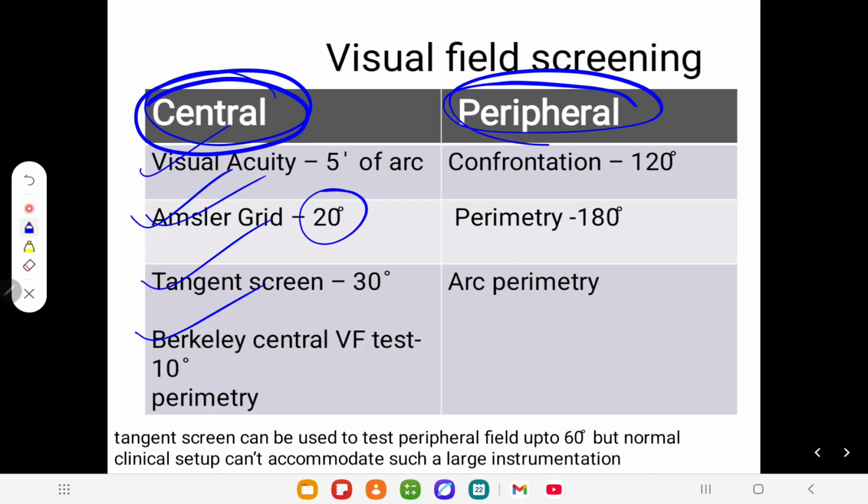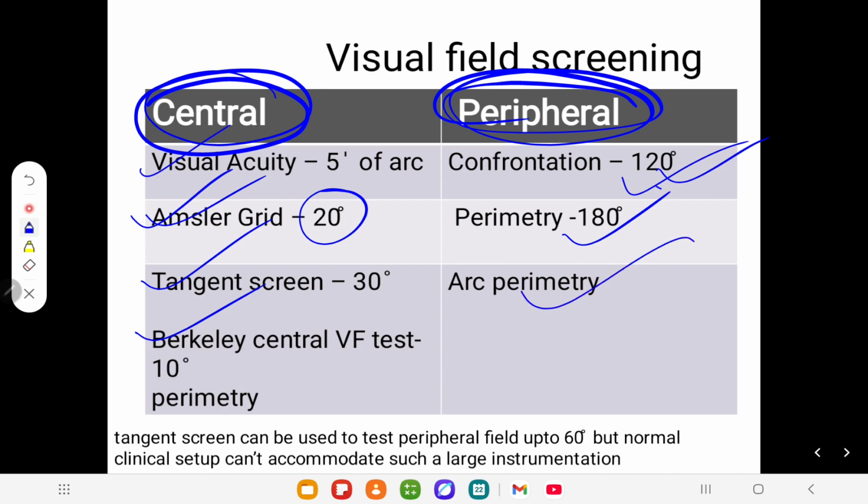But whenever we talk about the periphery, we talk about confrontation, which is the easiest and most important way of examining the periphery. Then perimetry; nowadays we can do Humphrey peripheral screening, and very good peripheral screening is, sorry, not the Amsler grid, but Goldmann perimetry and arc perimetry.